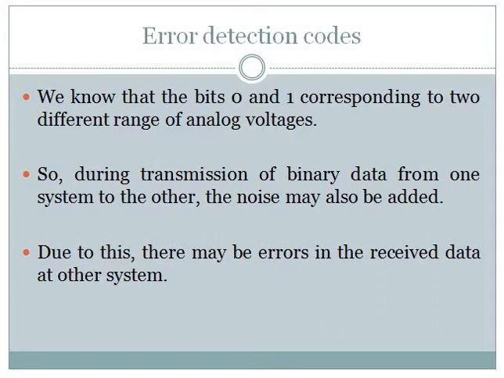If you are transmitting data from source to destination, at that time noise may occur. Due to that, the data which you send may be changed from 0 to 1 or 1 to 0. Due to this, there may be errors in the received data at the other system. To rectify that error, we are using the error detection code.